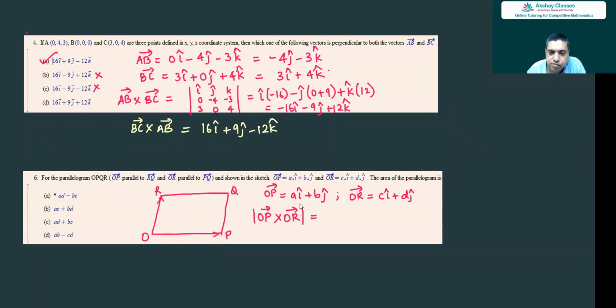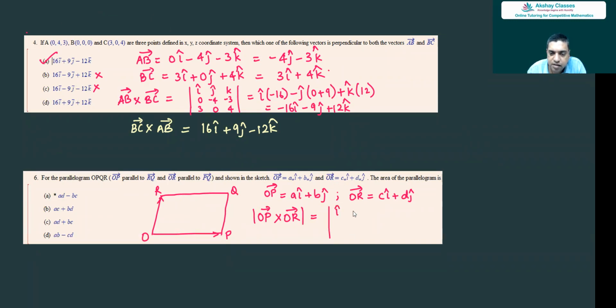So let us do the cross product. We'll get K in terms of K, because this is an IJK.